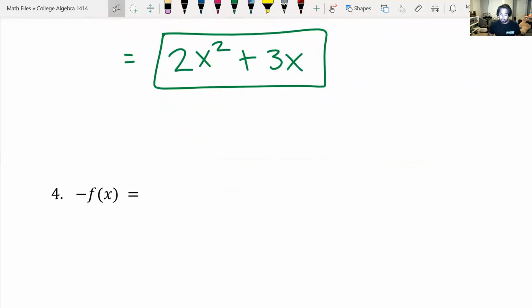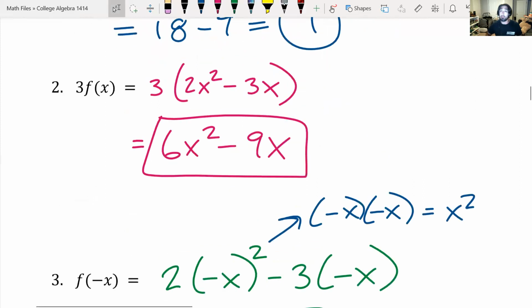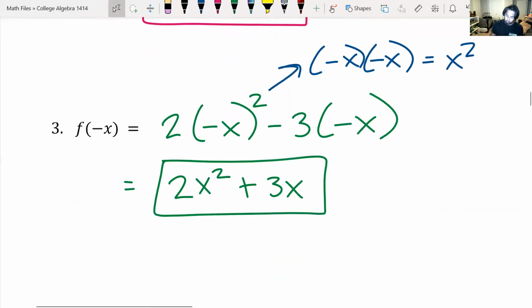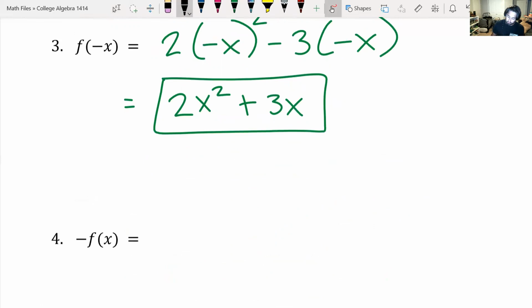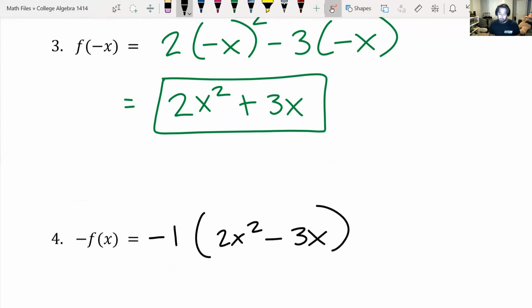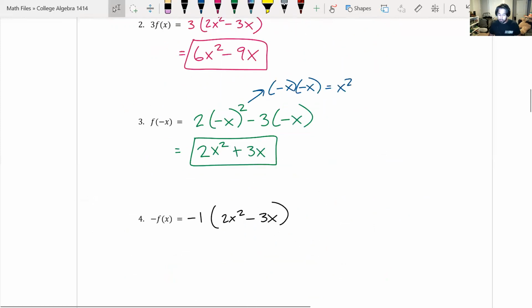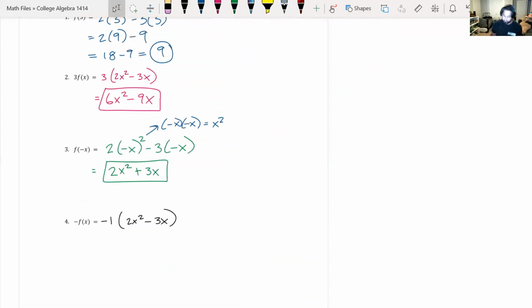All right. And last one. Negative f of x. It's just like the second one. Take negative 1 and multiply it by the original function. Negative 1 times 2x squared minus 3x.